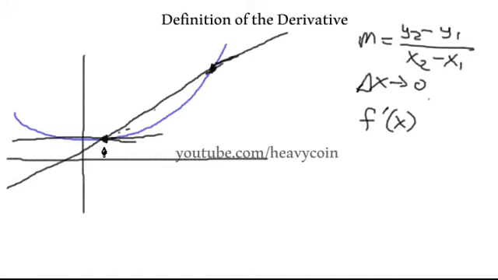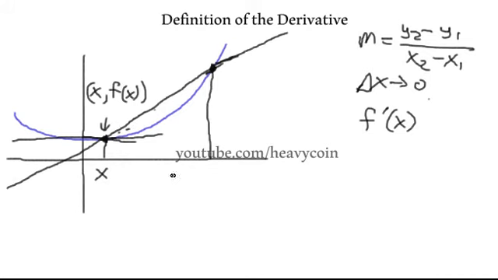Alright, if I were to let this be x and this right here is y, in other words, the coordinates for this point are going to be x comma f of x. It's like x1, y1, let's say.